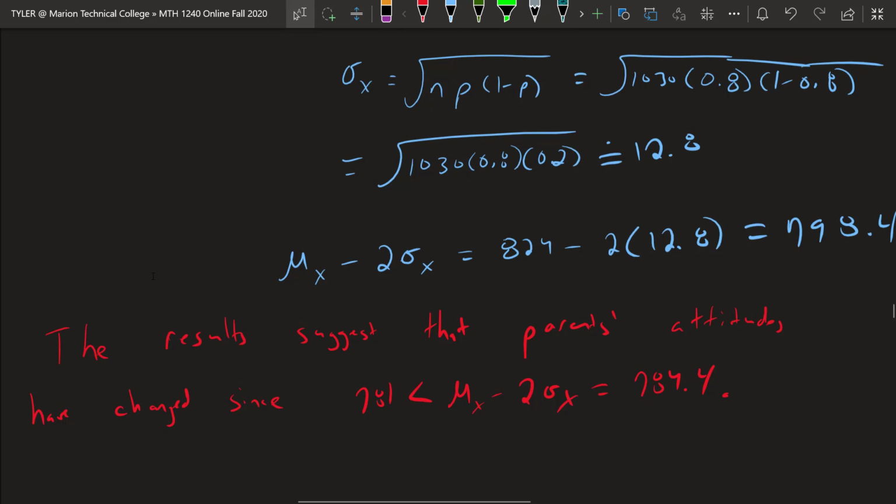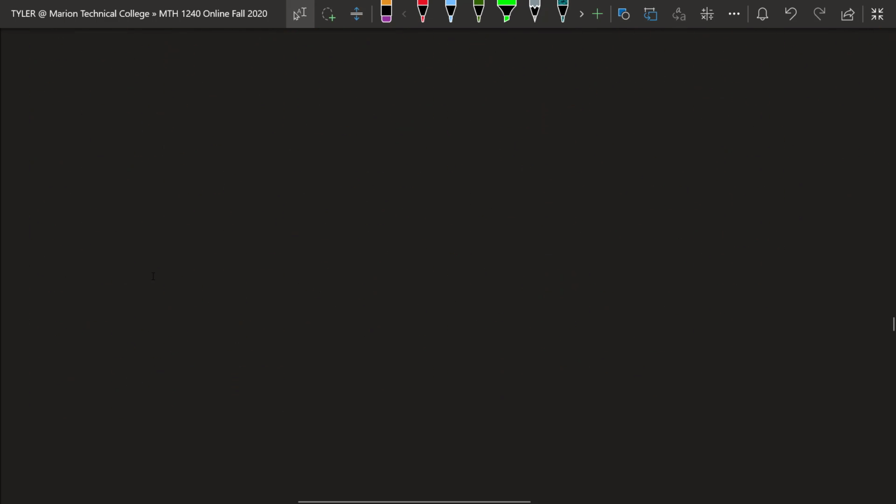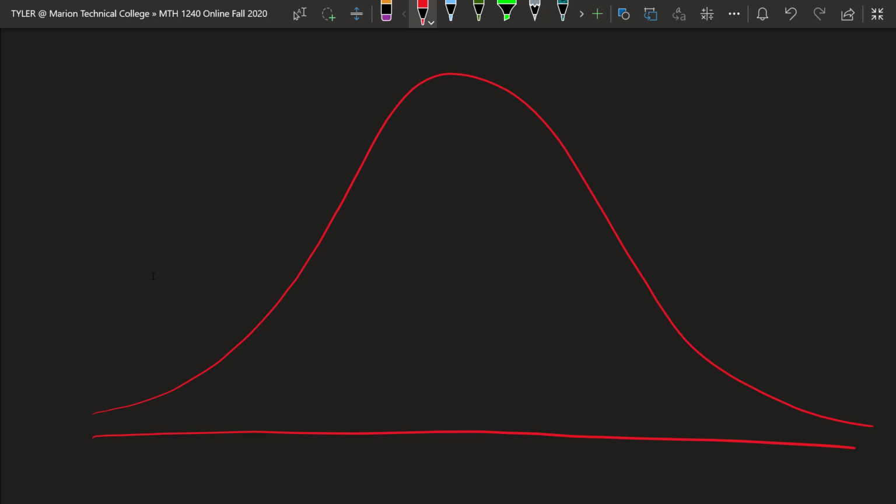Let me draw what I'm suggesting here, to help this make a little more sense. So here's our normal distribution. In the center is my mean, which in this case, for this problem, was 824.